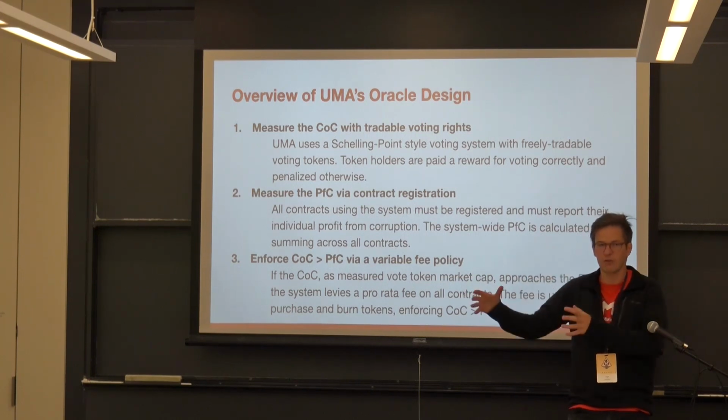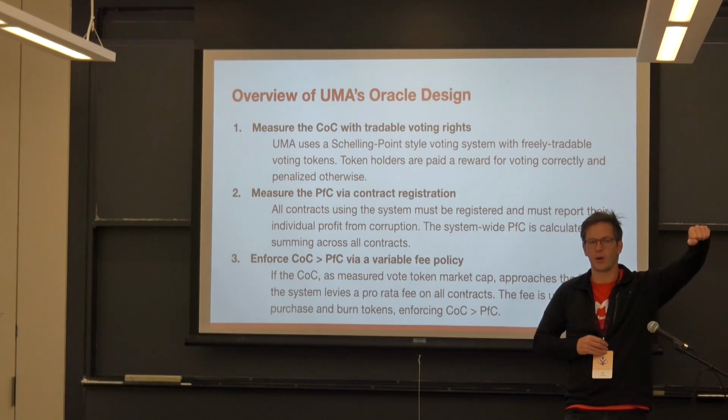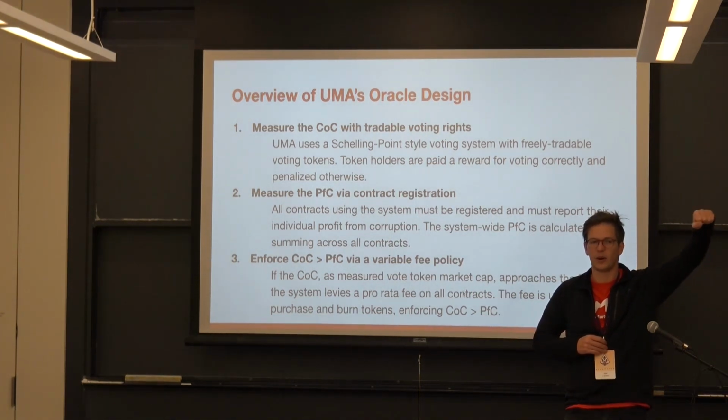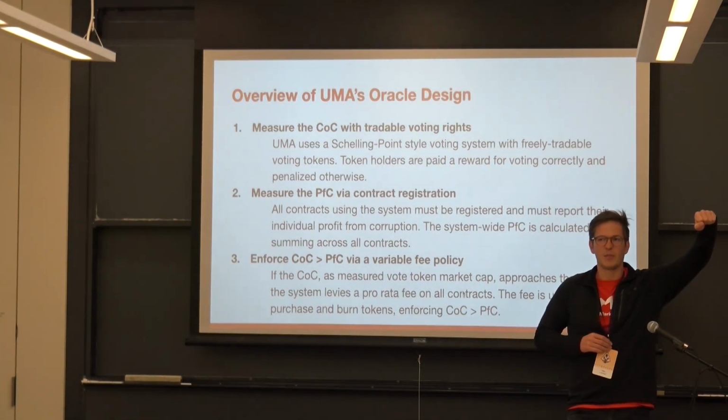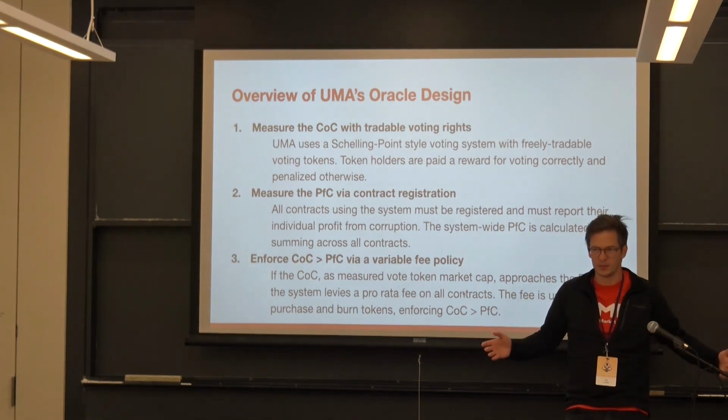So these are on the contracts using the system. We charge them a fee, and we use that fee to purchase the voting rights in the open market to support the market cap of the cost of corruption. And because we do this programmatically on the blockchain, it's completely credible, and it's going to happen.